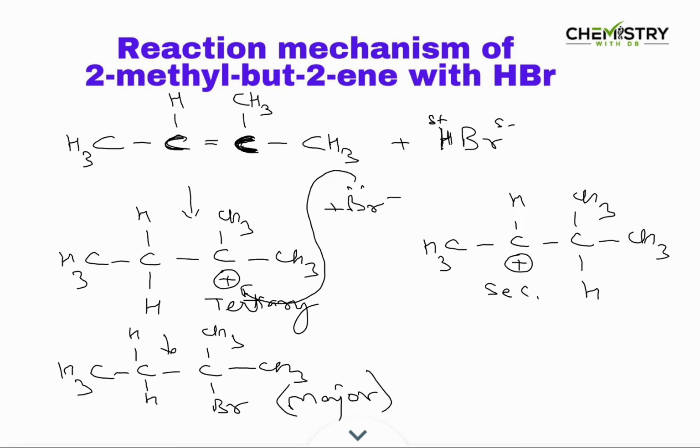How would we name this? This would be 2-bromo-2-methylbutane, and the minor product is going to be 2-bromo-3-methylbutane. So this is going to be the minor product.